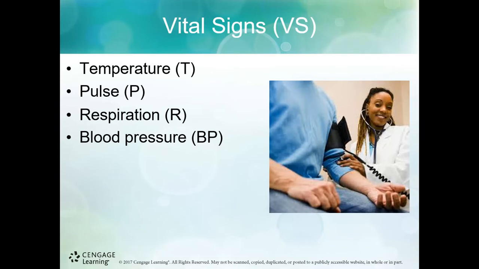Vital signs is where we'll turn our attention next. We're going to talk about temperature, pulse, respiration, and blood pressure, and you'll get a chance to practice taking vital signs in class. For the test, it's important that you know the normal ranges for adults for each of these vital signs.